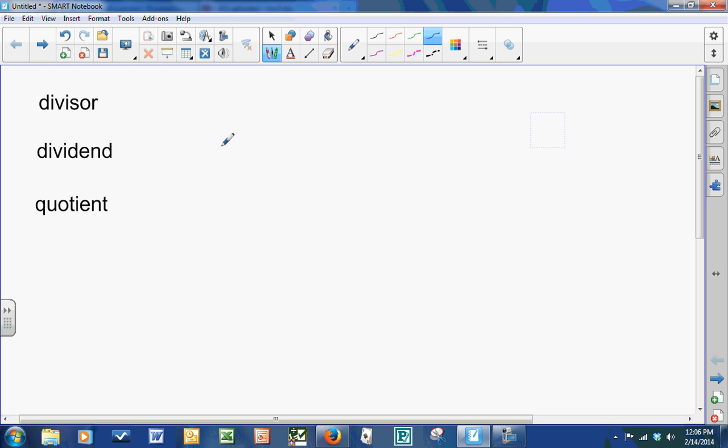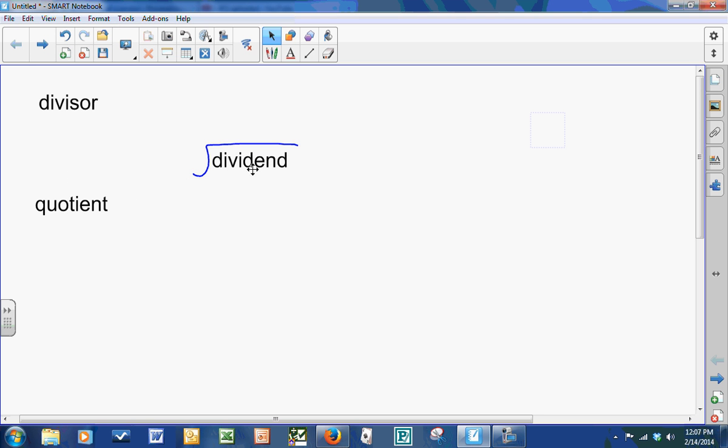If I were to draw my division house like this, then the dividend is the number that goes inside the house. It's the big word, so we say it's the big dog, and the big dog gets to go into the dog house. The divisor goes in front, and the quotient is what goes on top.